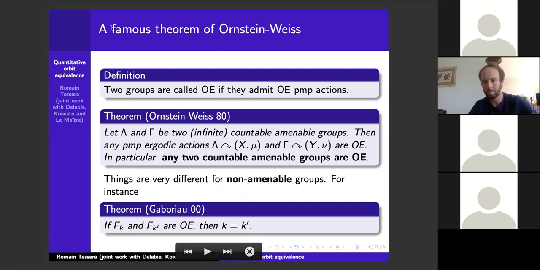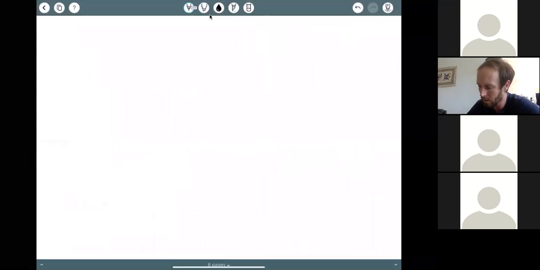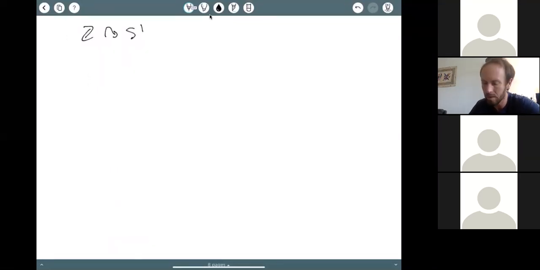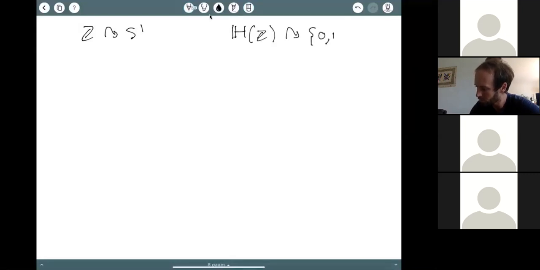Let me give you an example, just to show you how general it can be. You take, for instance, Z acting on S1, and Z acting on, let's say, the Bernoulli shift. These two are orbit equivalent. The only thing which is important here is that these two actions are ergodic, they are free, and the two groups are amenable.